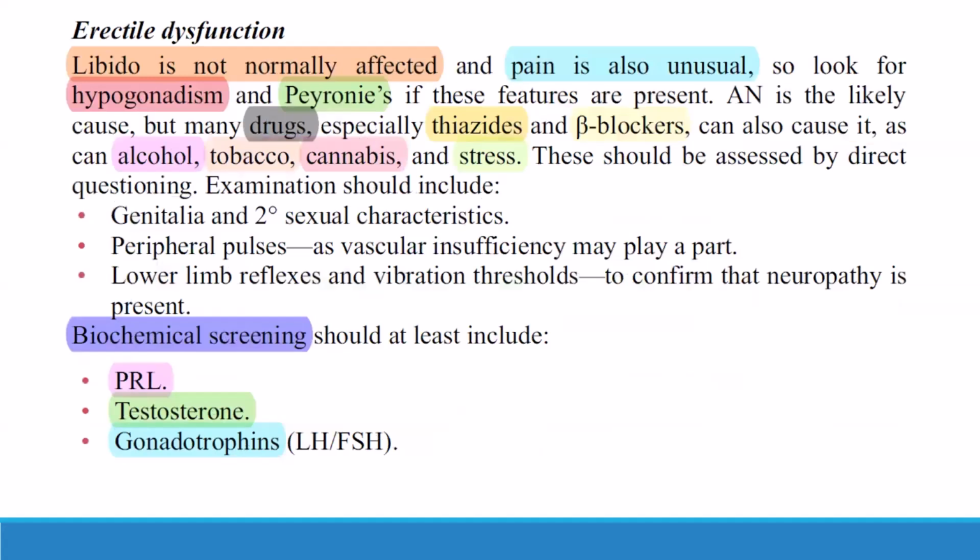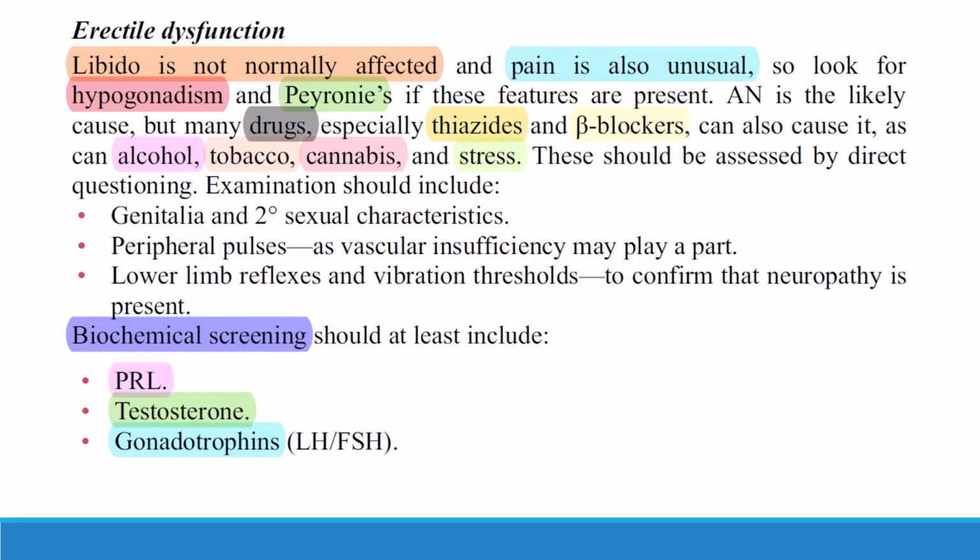Erectile dysfunction: we should diagnose it, and we should keep in mind that libido is not normally affected, and pain is also unusual. So if there is low libido or pain, we should refer to a urologist. Look for hypogonadism and Peyronie's disease.